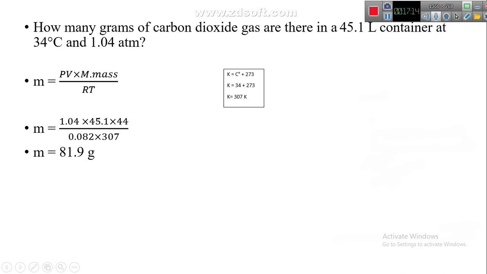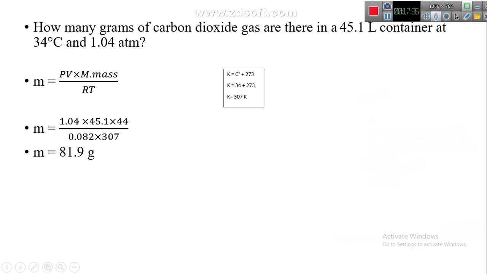Carbon dioxide CO2: 1 carbon multiplying by 12, plus 2 oxygen multiplying by 16 equals 32, plus 12, which is equal to 44 gram per mole.